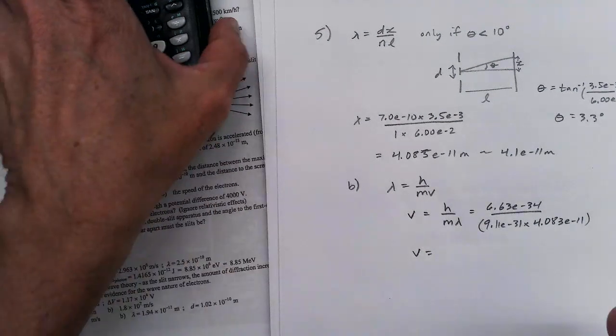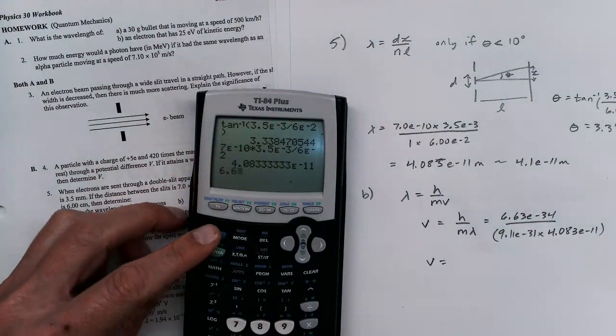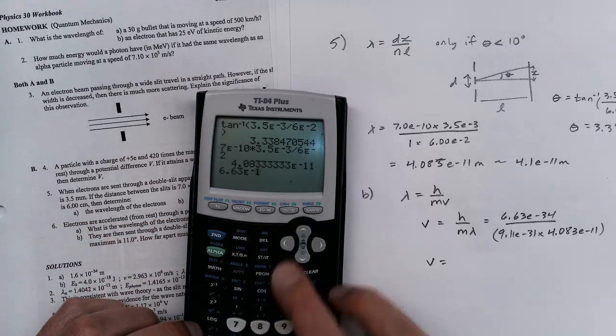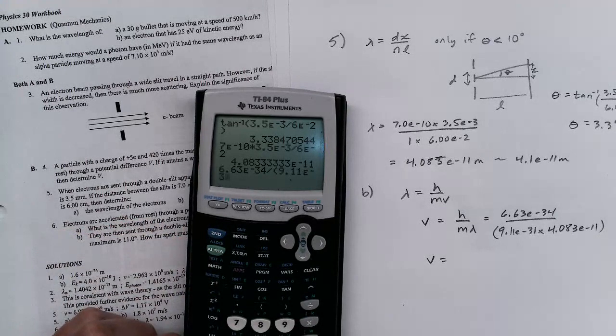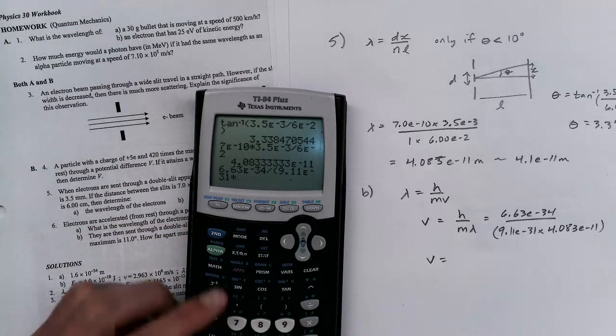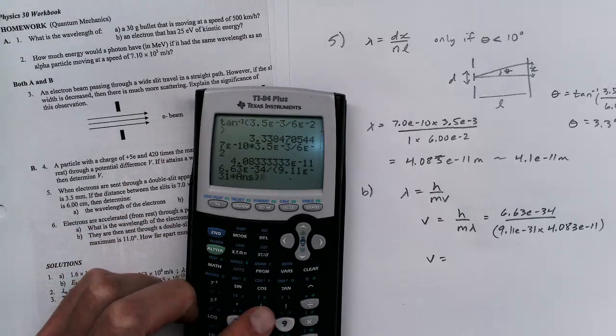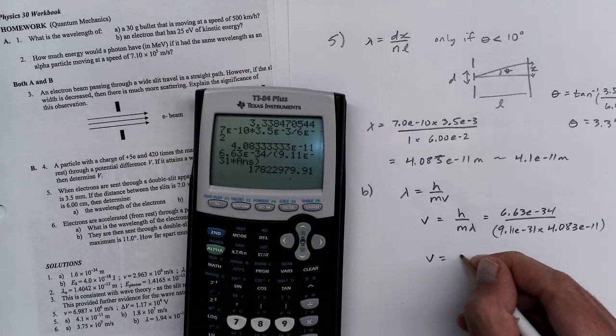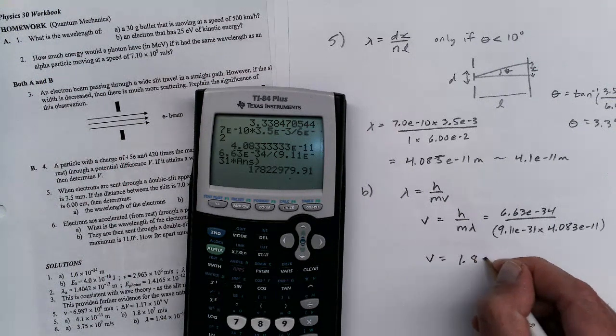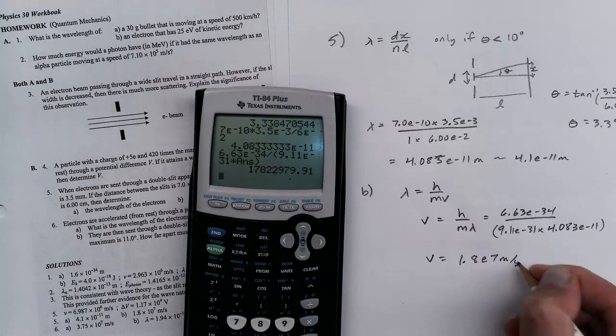And the calculation. All right, I get this number, 1.78, so we're going to go with 1.8 E7 meters per second.